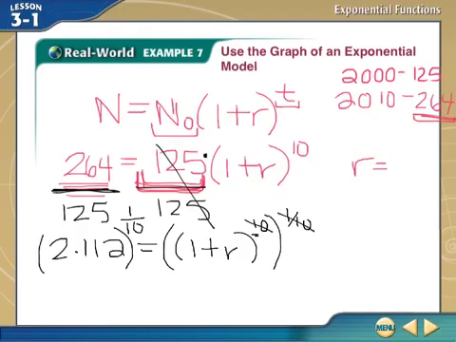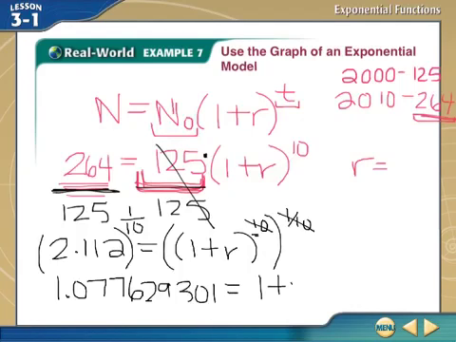I take 2.112, raise it to the 1/10th power, and I get 1.077629301, and that's equal to 1 plus r.